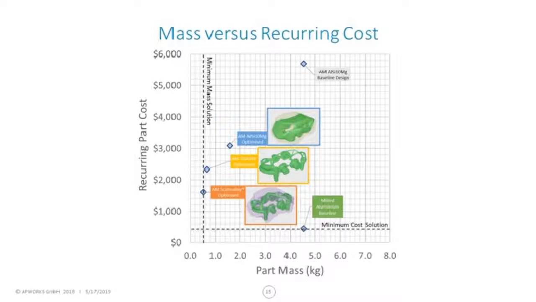and so on. With additive manufacturing, the line is diagonal down and to the left from the baseline design in the top right. So as we're optimizing to save mass, we're actually approaching a better cost solution as well as a better mass solution. And hopefully that gets you thinking about how important it is to consider this at the start.